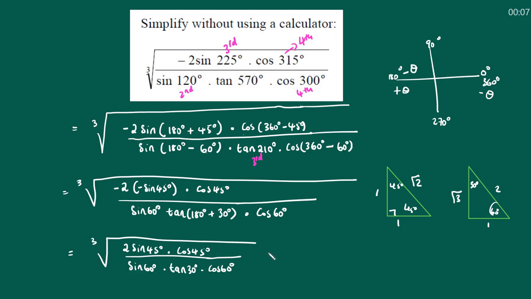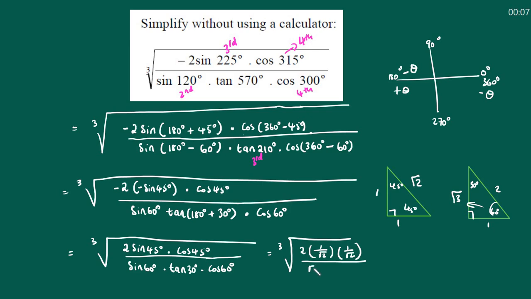Right, so this is the cube root of 2 sine 45 degrees is what? Sine 45 is the opposite over hypotenuse, which is 1 over the root of 2, and then cos 45 is also 1 over the root of 2, and then we divide by sine 60, which is the opposite over the hypotenuse, right?